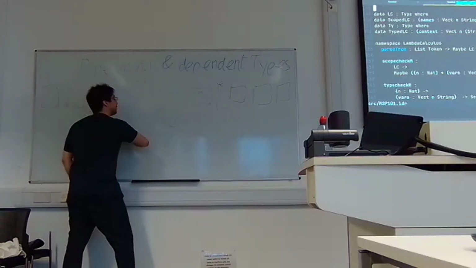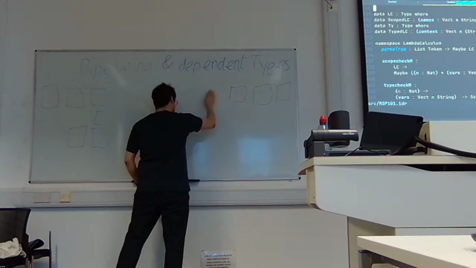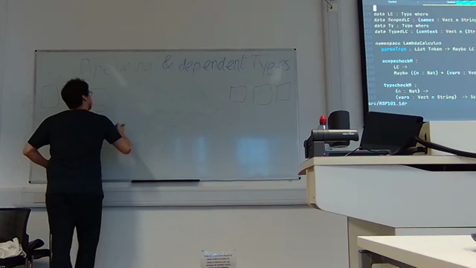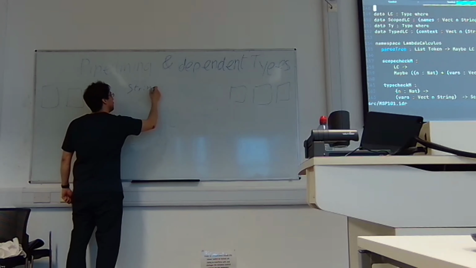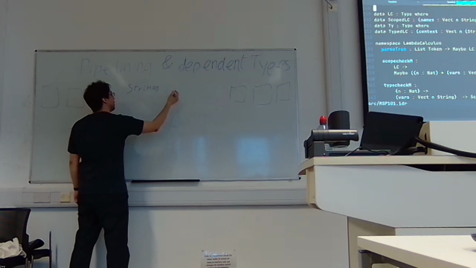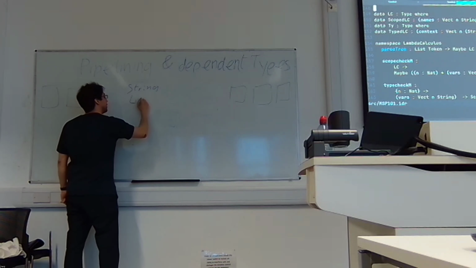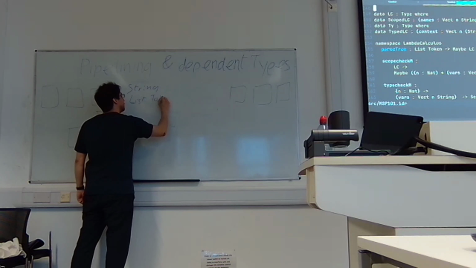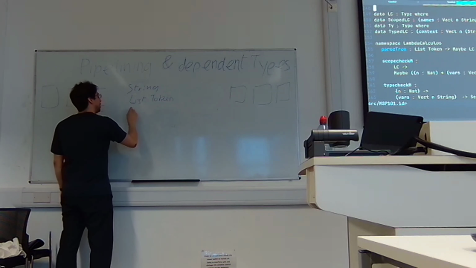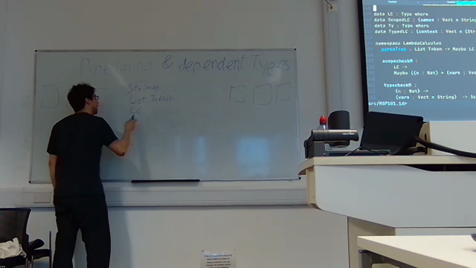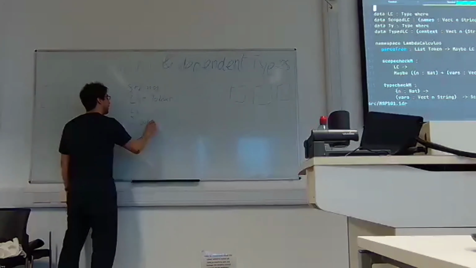So the main idea of this pipeline is that your first stage is a string. Your second stage is a list of tokens. This has not changed. Your third stage is an untyped lambda calculus. Your fourth stage is a list of variables.